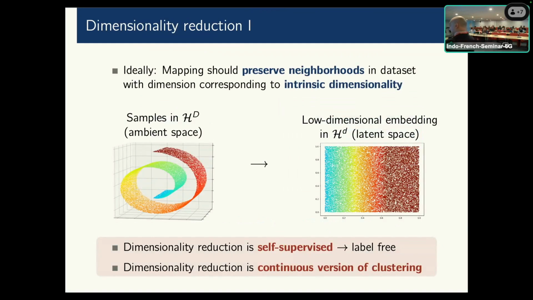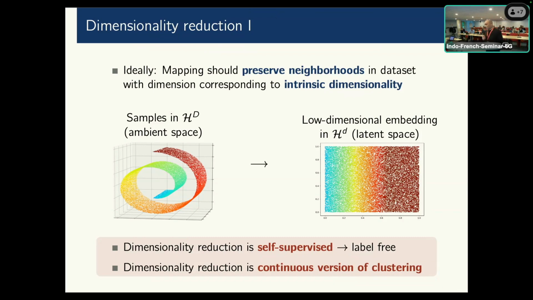Here, in one picture, is what we are trying to do. We have a data set that lives in high dimensional space, and to each sample we want to associate some, in that example, two-dimensional coordinates. Of course, there are many ways to do this, so the problem is a little bit ill-posed if I don't say anything more than that. What I actually want to do is preserve the neighborhood relationship between my samples.